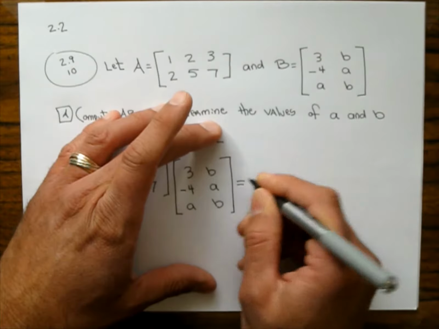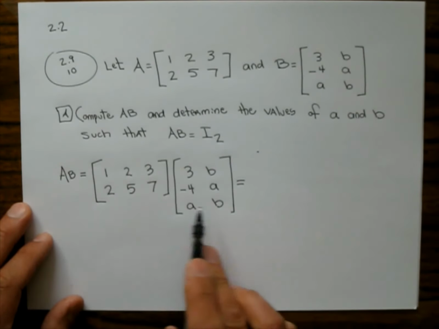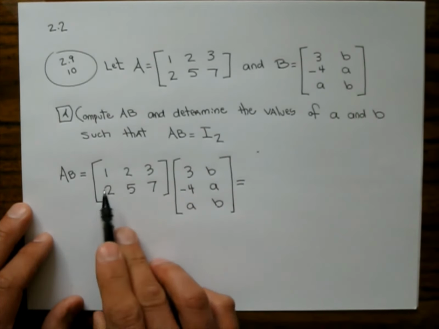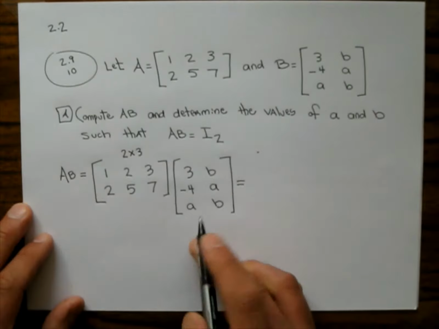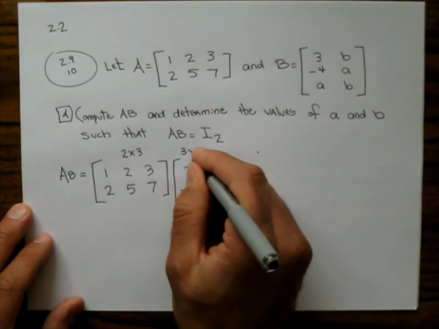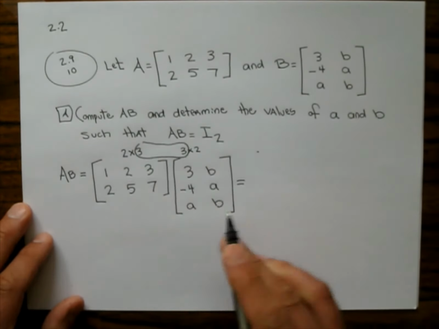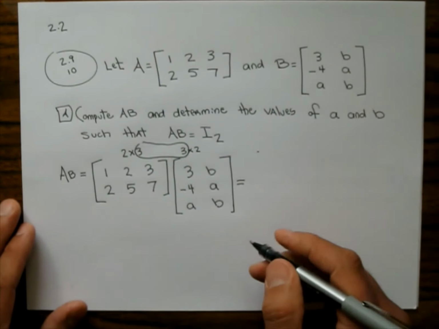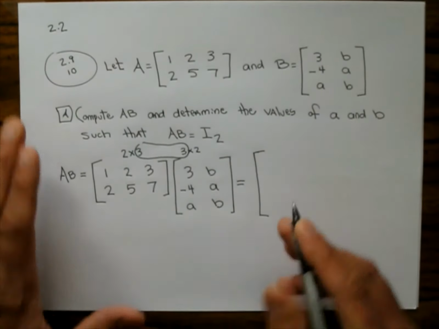So what I'm doing is that Roadrunner and Coyote thing, but before I do that, let's just check to make sure that this is possible. A is 2 by 3, and then B right here is 3 by 2. The inside numbers are the same. My result is going to be a 2 by 2 matrix. So let's see what this 2 by 2 matrix is going to be.